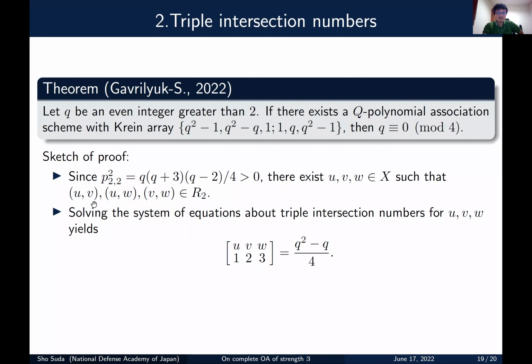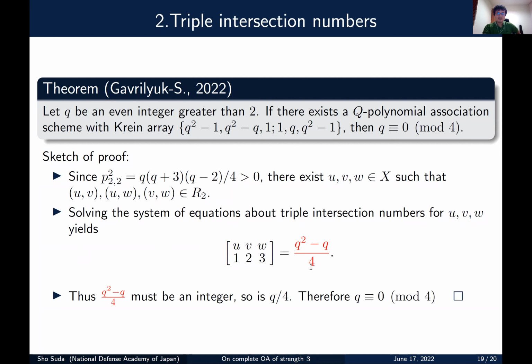Solving the linear equations of triple intersection numbers, some value is equal to this one, over q squared minus q. And of course, this is also an integer. And we know q is also even. So q over 4 is also an integer. So this is our contribution to this case.